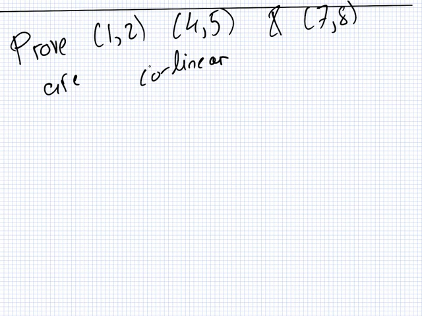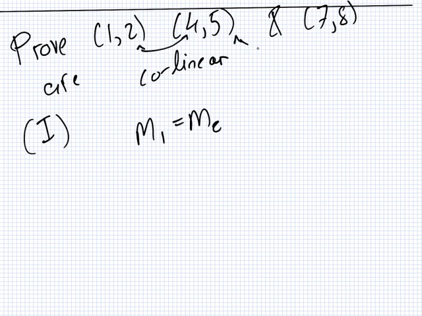Prove the area is zero. That's one way, and yes? Not necessarily, because if I have these 2 points with one gradient and these 2 points with the same gradient, they're not collinear, unless, of course, these 2 are the same, which it is here. Okay, so we have 3 ways then. The first way is you can show that the slope between the first 2, here and here, is the same as here and here.